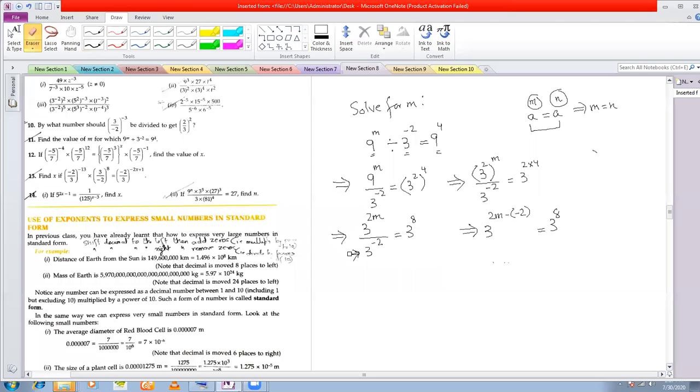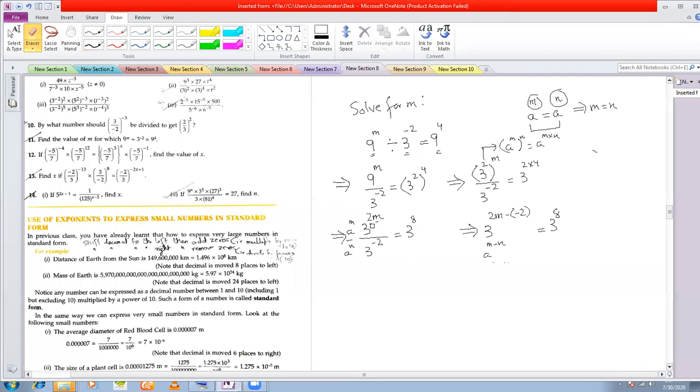This is a to the power of m, and this is a to the power of n, right? So that is why I've written a to the power of m minus n. If you see here, this is a to the power of m whole to the power of n form, which is a to the power of m into n. So you need to multiply the powers. That is why I've multiplied the powers. Now is it okay?